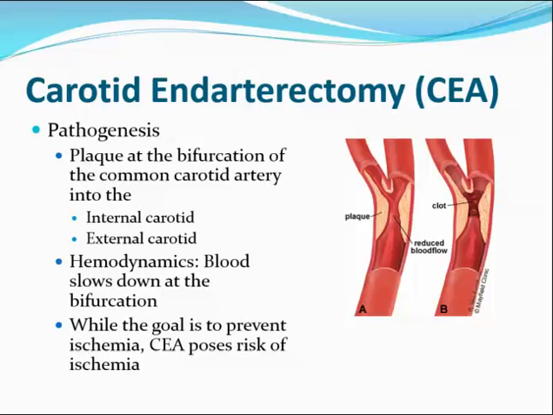The common carotid bifurcates into those two branches because there is slowing down about right here. This is the common carotid, and this is the external. This is the internal carotid supplying blood to the brain, supplying blood to the face.